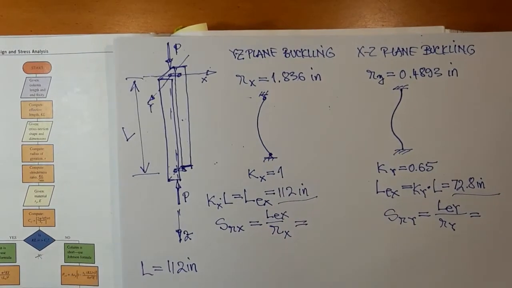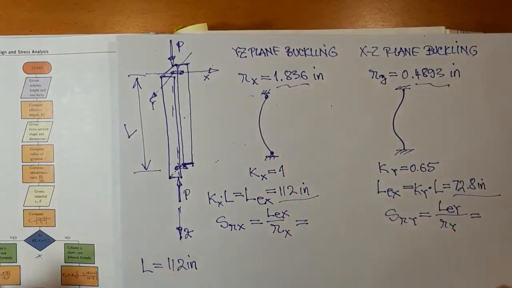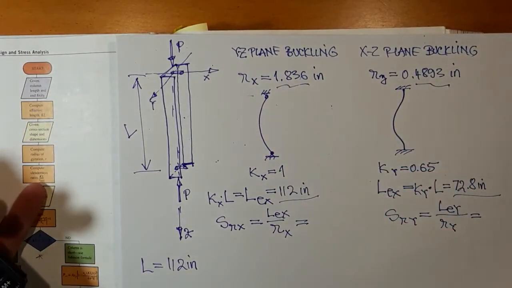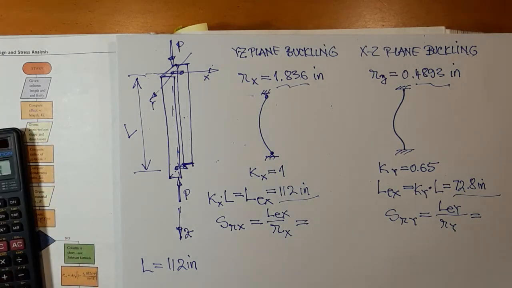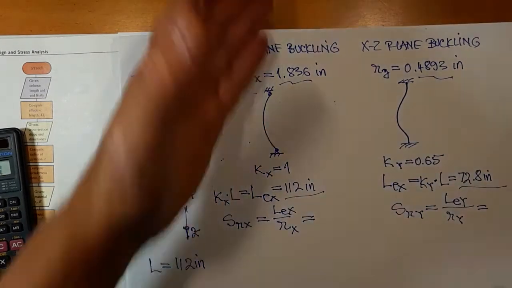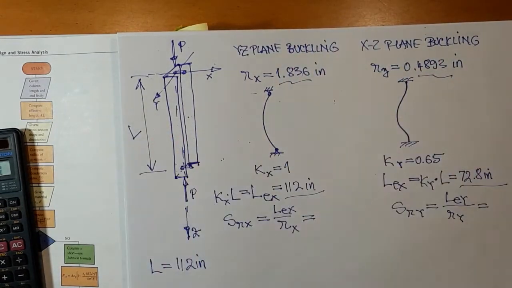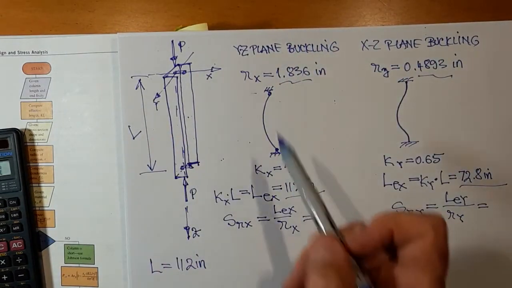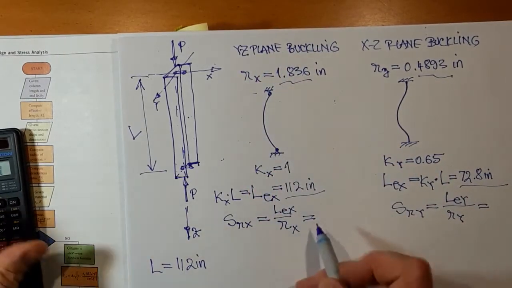Alright, so the flowchart says divide equivalent length K times L by the minimum radius. There's a difference, of course, between the end fixities, so I'm not taking the minimum of the two, rather I'm taking the one that's associated with the buckling in the respective plane. So buckling in the xy plane, I'm using the Rx value. Hope it's clear.